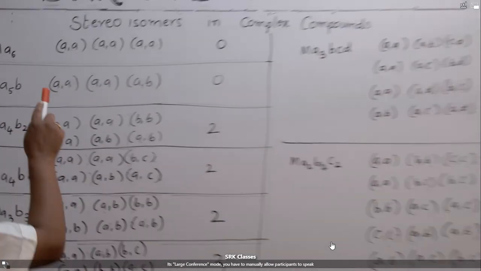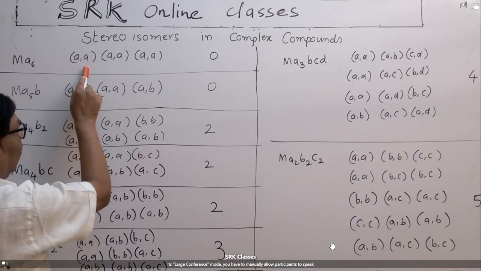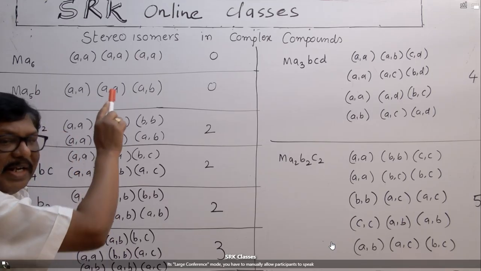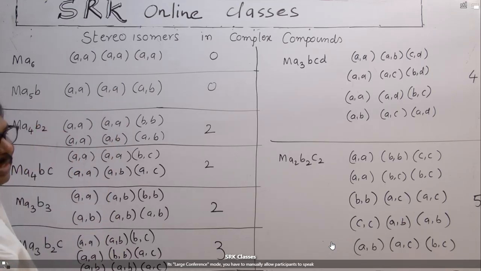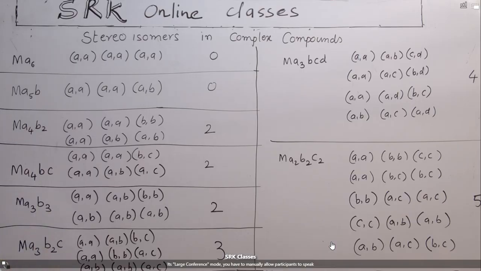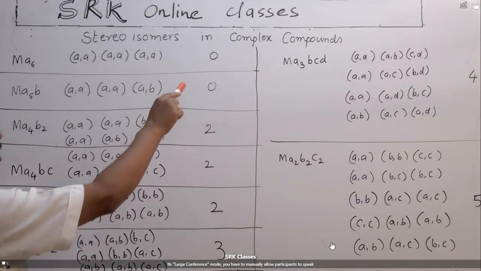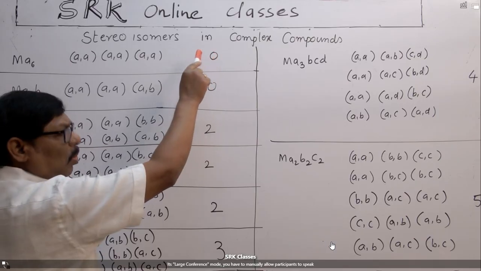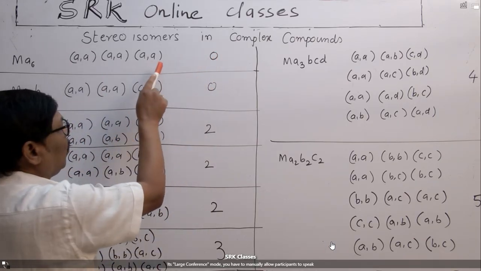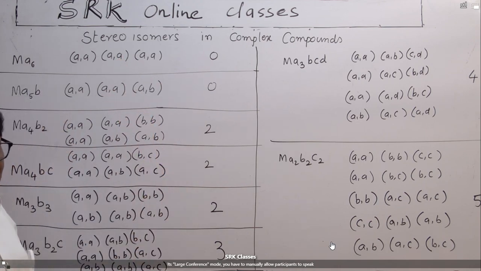They can be represented as AA, one pair, AA, another pair, AA, another pair. Six ligands are represented in terms of three pairs. I cannot write other than this combination. Therefore, it is having only one. So, the number of geometrical isomers is 0. I cannot write two structures, two geometrical isomers. Only one is possible. Therefore, it cannot show geometrical isomerism.